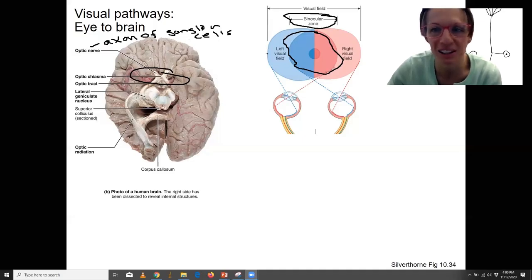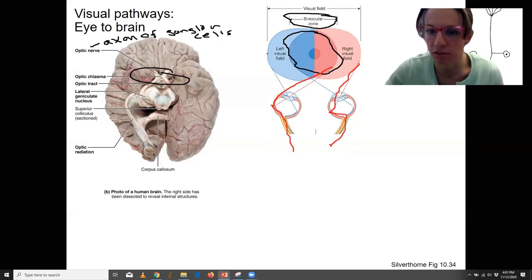Both your eyes are seeing what's on the right half of your visual field. Here is that information coming in here. And then here is that information traveling to the brain. The left in blue is doing the same.